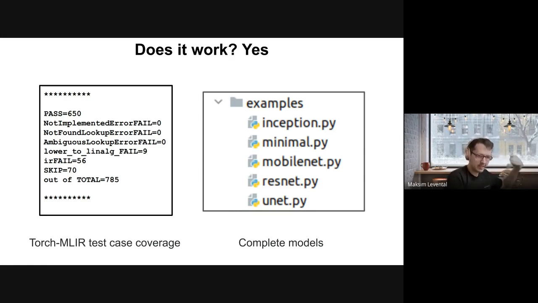I'm running the exact Torch-MLIR tests, and they're passing. A pass here means pushing it through the Torch backend contract and lowering it to linalg. I'm not doing lit comparison, checking strings, until I get to linalg, and then I'm doing one-to-one exact comparison using the standard library difflib. So I can push 650 of the tests through Pi all the way down to linalg, and I get an exact match with what Torch-MLIR produces.